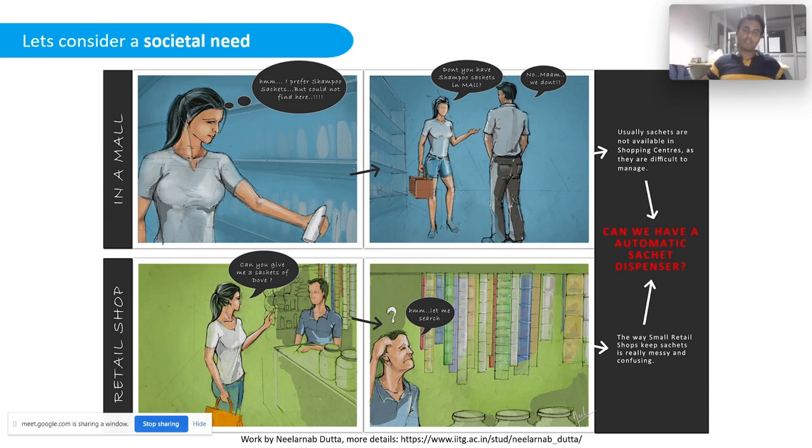The problem is that you might have seen shampoo sachets, the ones available in the form of strips, like Dove, Sunsilk, all of those. However, those are available only in small grocery shops or kirana shops.